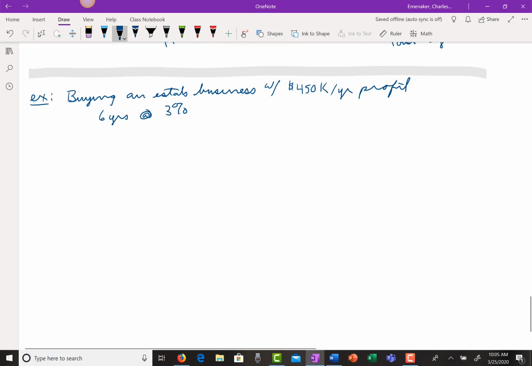So to go about solving this problem, we first need to figure out what is the accumulated profit for 6 years. The accumulated profit for the 6 years is going to be the $450,000 per year. Remember, in this case, we have a constant revenue stream divided by the interest rate, so we have 0.03 times, here we're going to use the formula e to the 0.03 times 6 minus 1.